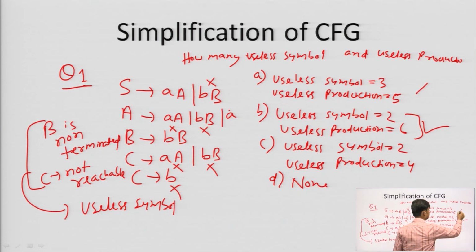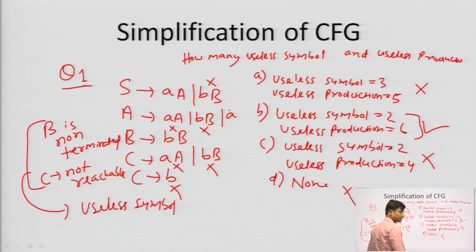All the others are wrong, because here there are 6 useless productions and 2 useless symbols. You can check it.